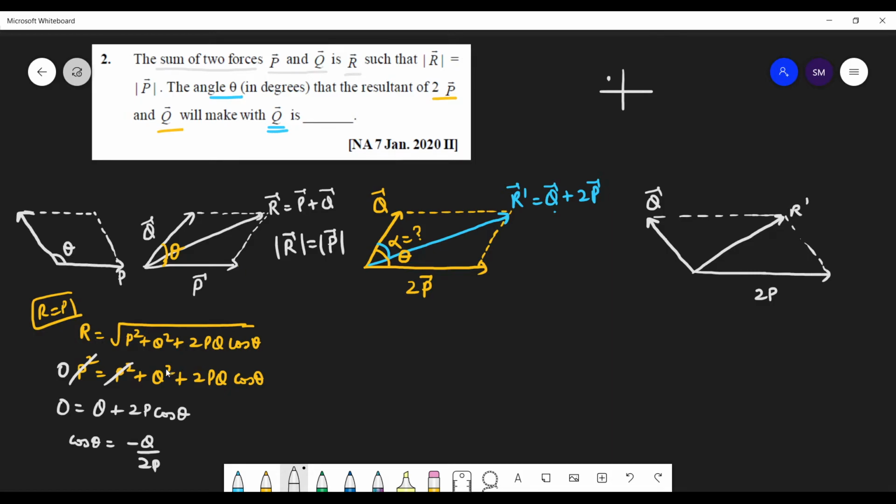Initially, I didn't know the correct figure, but now I know that this is the correct figure. Got it, students? This one is correct. These two are not the appropriate figure because theta is obtuse. Is this clear?